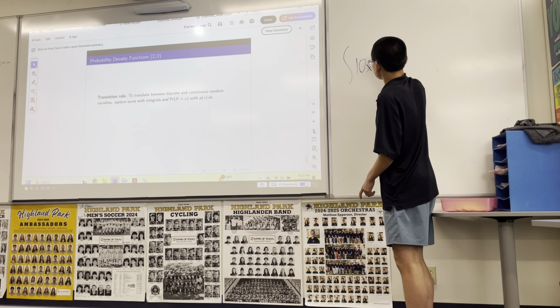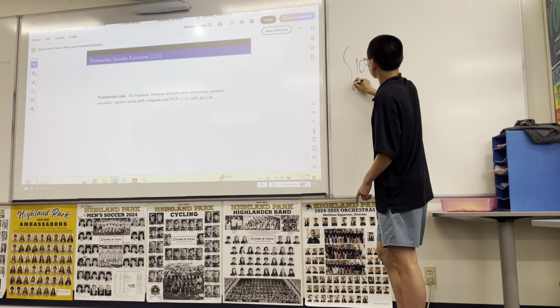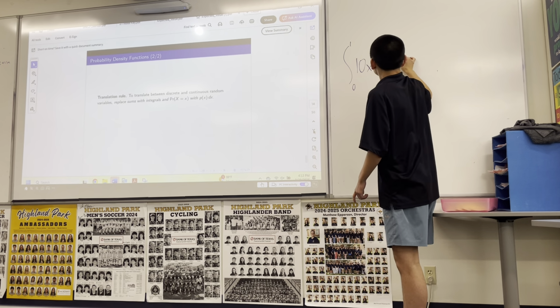P of x was 10x to the power of 9. If we integrate it, it's 10 times x to the power of 10 over 10, evaluated from 0 to 1. That's 10 times 1 over 10 minus 0, which equals 1. So our probability function p of x is correct.